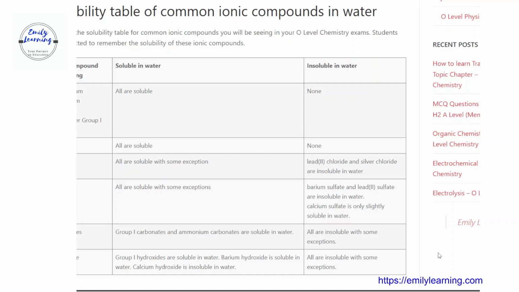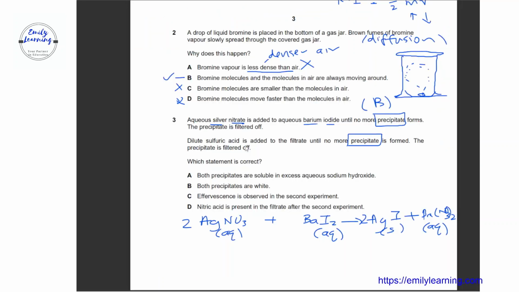All your chlorides, bromides, and iodides are soluble except for lead and silver. So we know that silver iodide is insoluble. That is the precipitate we are looking at. So the precipitate here is silver iodide.